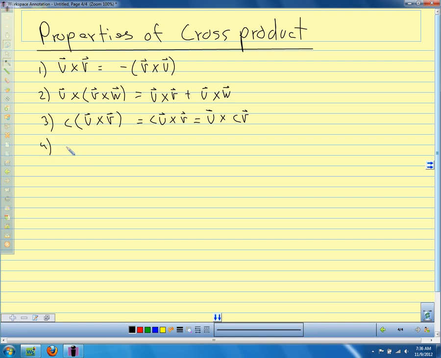U cross the 0 vector equals the 0 vector cross U, and that equals the 0 vector. And this is not a 0 scalar, this is the 0 vector.